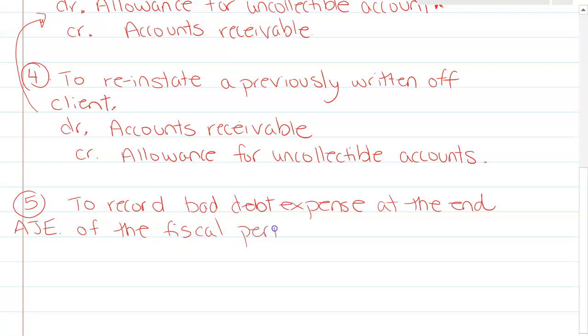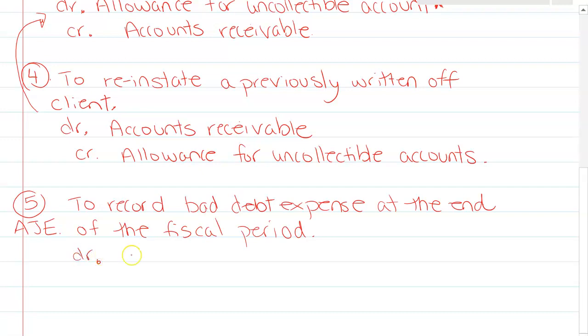And there's a couple ways that we could do this. So our standards say we can use the balance sheet approach, and then we can just age the receivables and then set up the bad debt doing that. Or we can use the income statement approach, where we just take a percentage of our credit sales. So in the next video, I'll show you how to do the balance sheet approach.